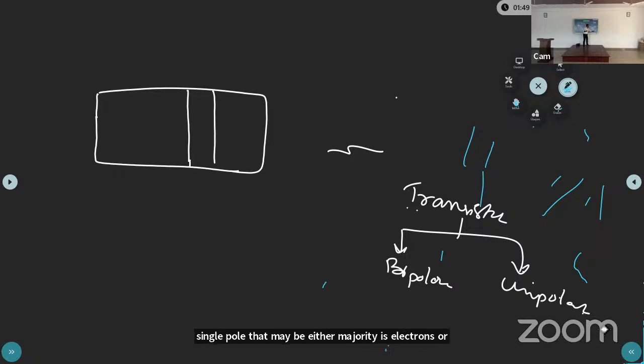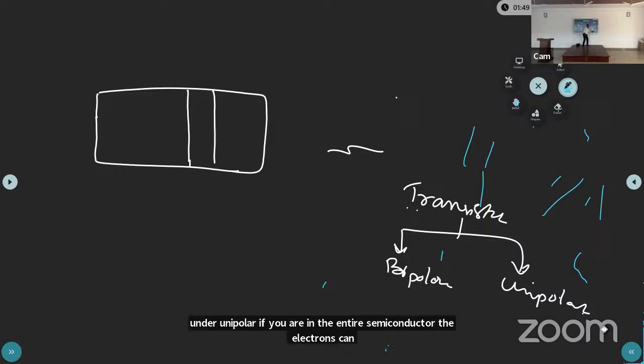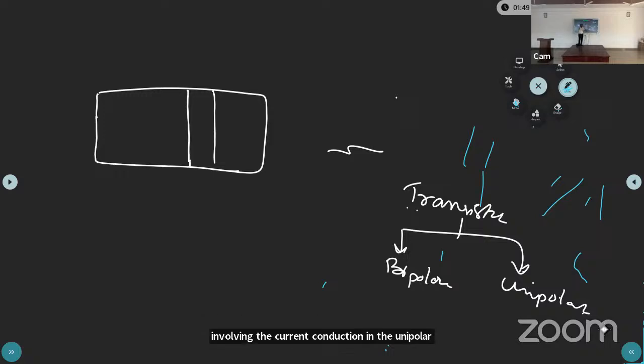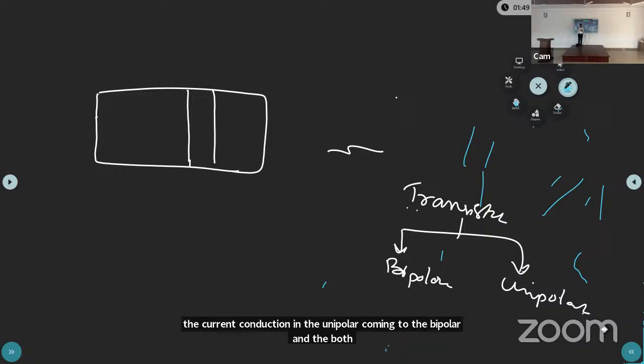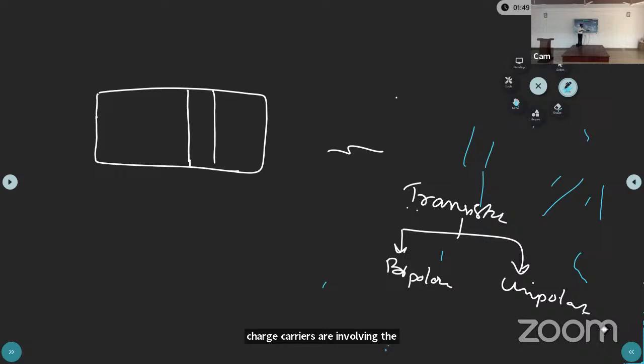In a p-type semiconductor, only the holes are majority charge carriers and can be involved in the current conduction in a unipolar device. In an n-type semiconductor, the electrons are involved. Coming to the bipolar, both charge carriers are involved, the minority as well as majority. That transistor is called a bipolar transistor.